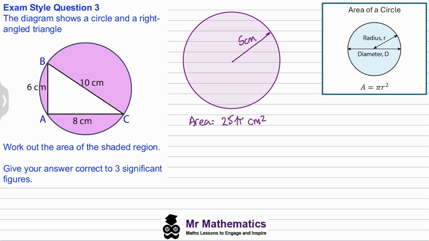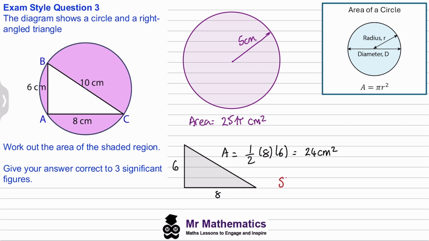And then we need to think about the triangle. Well, we know the area of a triangle is half a base times the height. So this will be 1/2 of the base of 8 multiplied by the perpendicular height of 6. So this will be 24 centimeters squared.